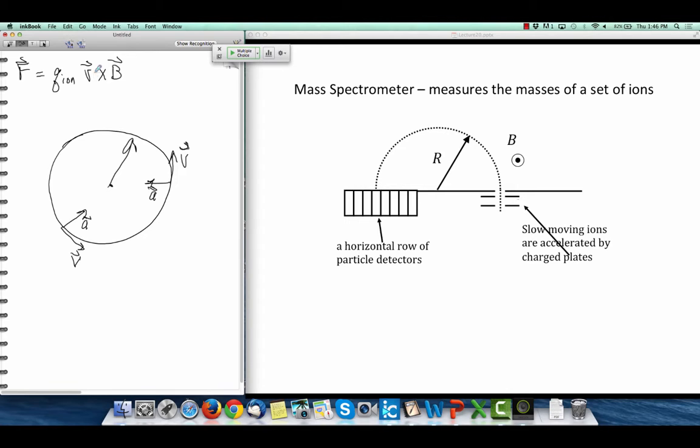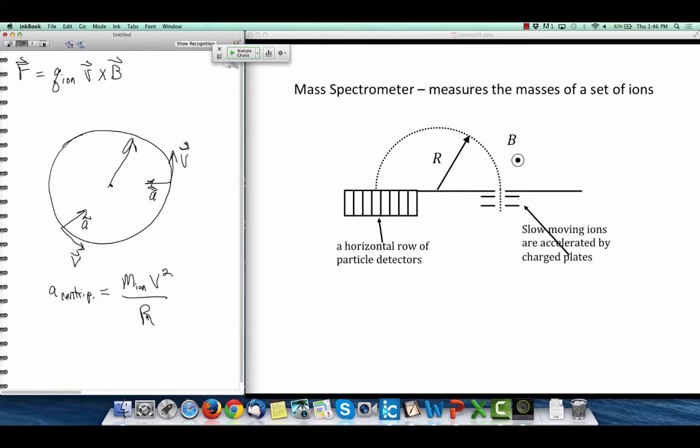If you remember from 9a, the centripetal acceleration depends on the mass of the ion, the square of the speed, and it's inversely proportional to the radius of the circle.